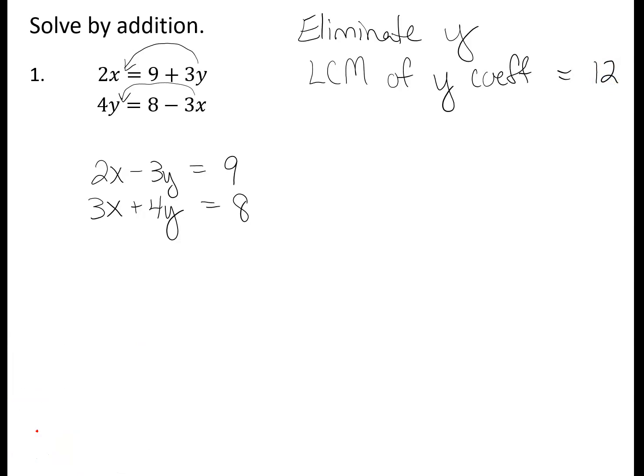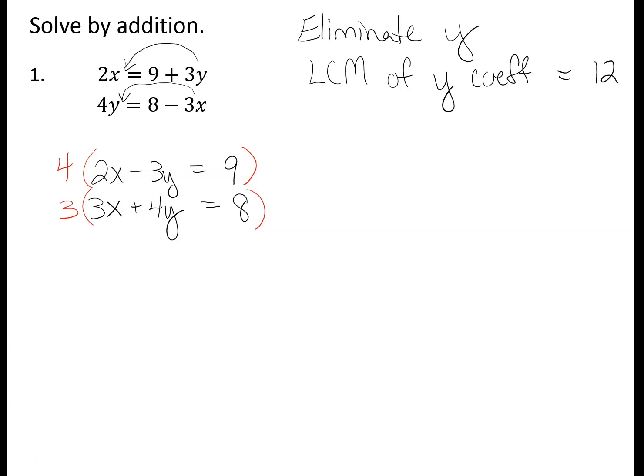So I have to multiply by a number that's going to cause those to turn into 12. Now I'm going to put that number on the outside of the whole equation. So to turn 3 into 12, it needs to multiply by 4. So I'm going to write the 4 out front. And to turn 4 into 12, I need to multiply it by 3.